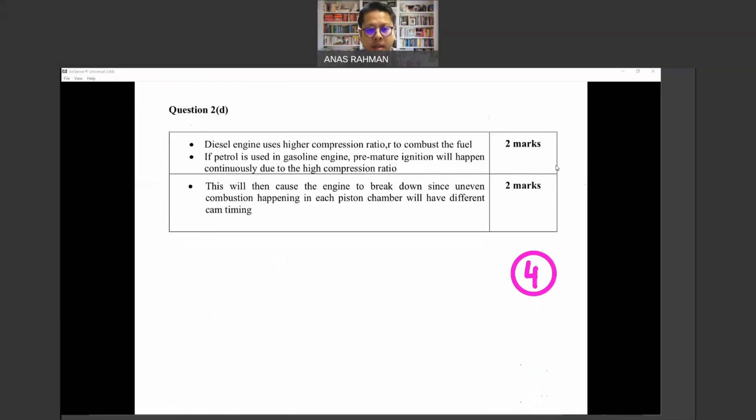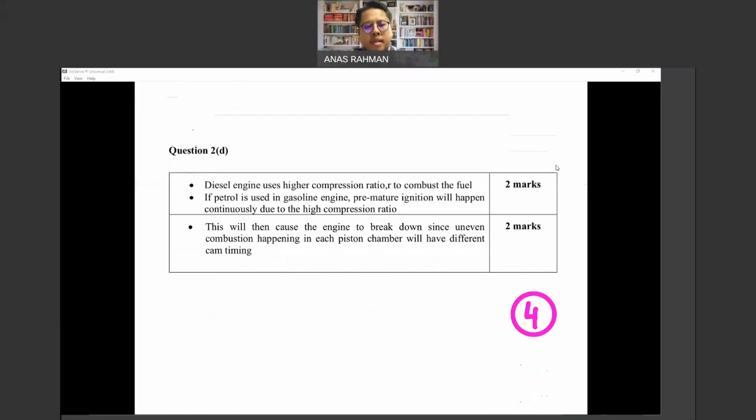So finally, for question D, what happens if you accidentally use gasoline or petrol in the diesel engine? Okay. Any answers are acceptable as long as they are logical and relate to the fundamentals or the content that we covered in the class.